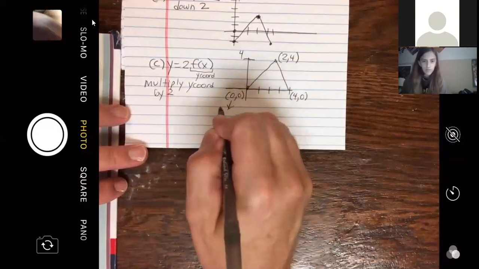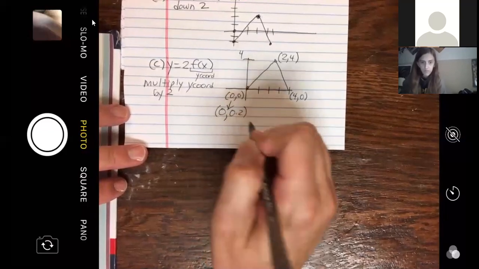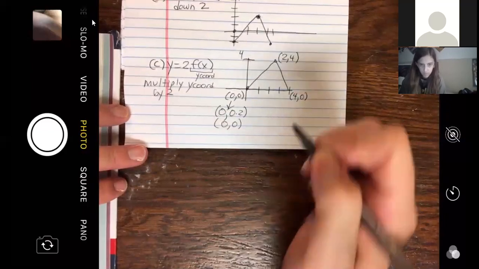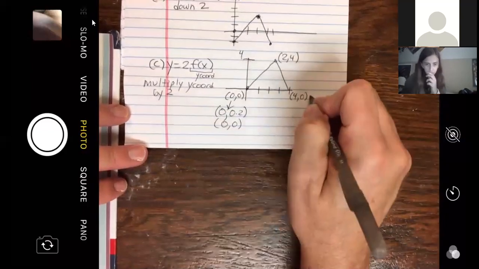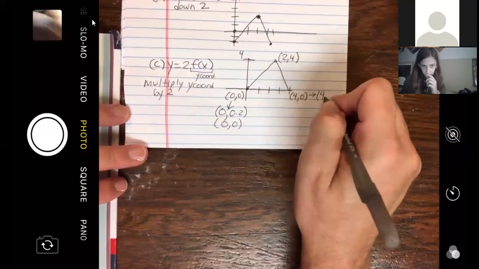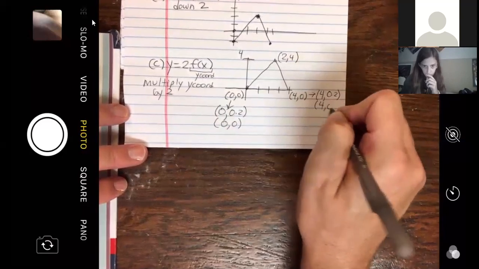And literally, I'm going to write down the new set of coordinates with the y coordinate multiplied by 2. So it's 0 comma 0 times 2, but that doesn't change. That's still 0, 0. This one, 4 and 0 times 2, is still 4 and 0. Those two don't change.